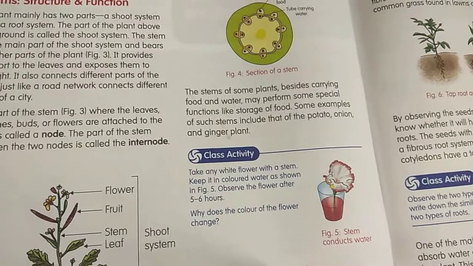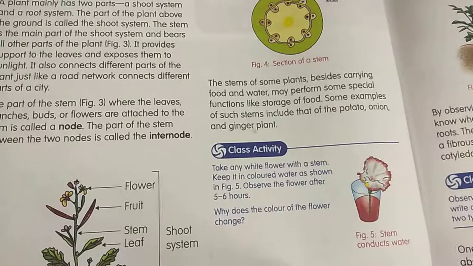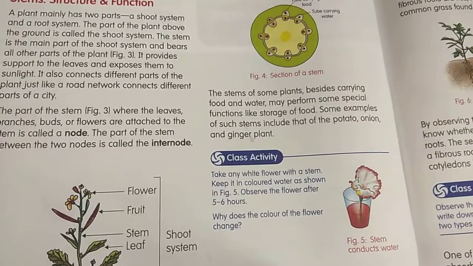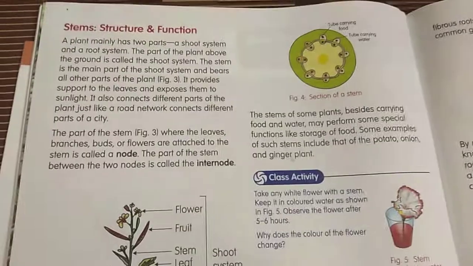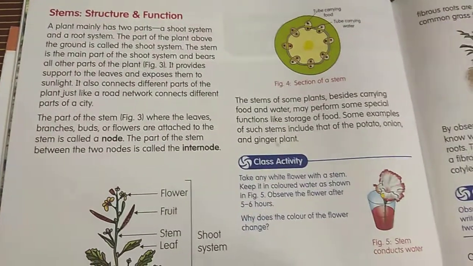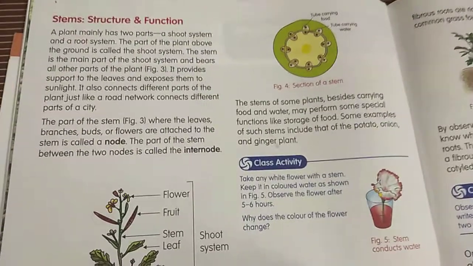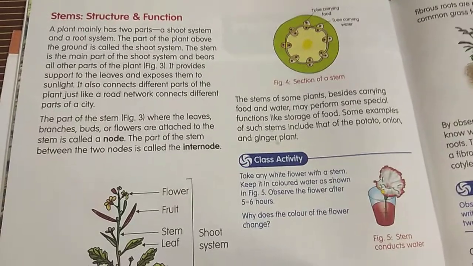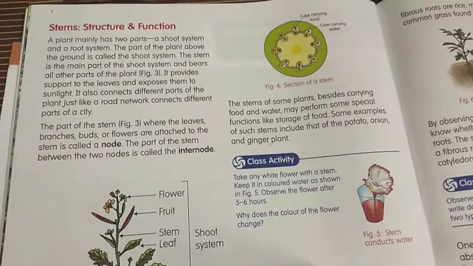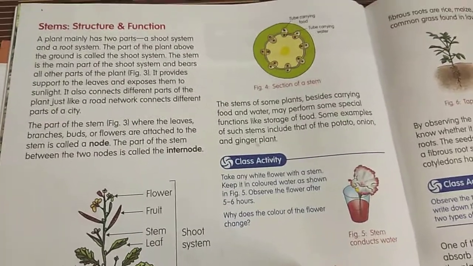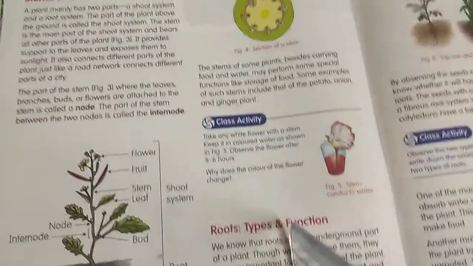A very thin stem which you can break, green in color, is called a herb. A thin structure you can break but brown in color, a little like a tree body but still weak, is a shrub. And the strong structure is a tree, we have seen, right? So all the three are different types of stems only.